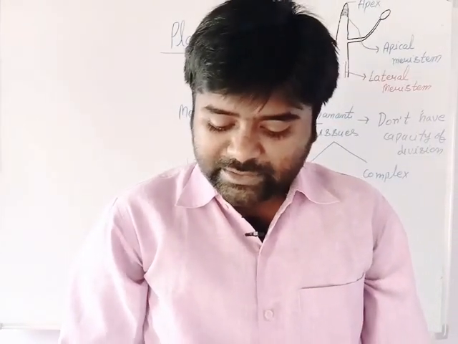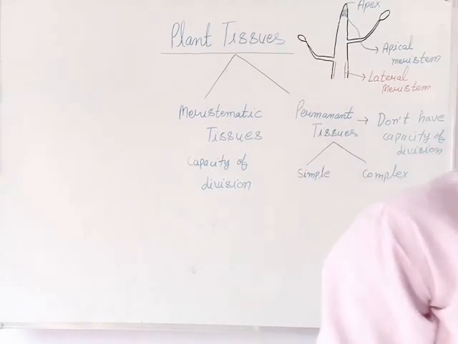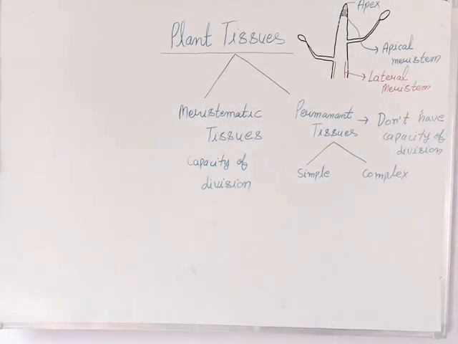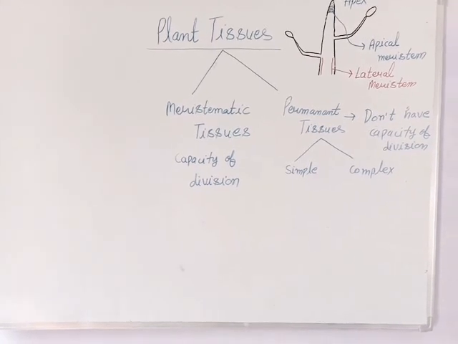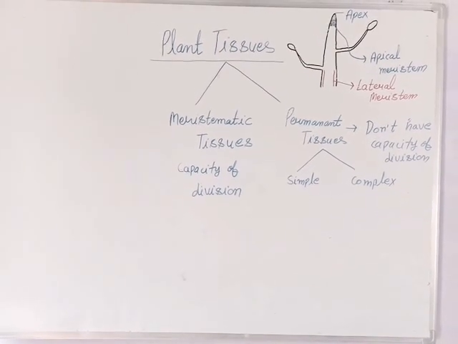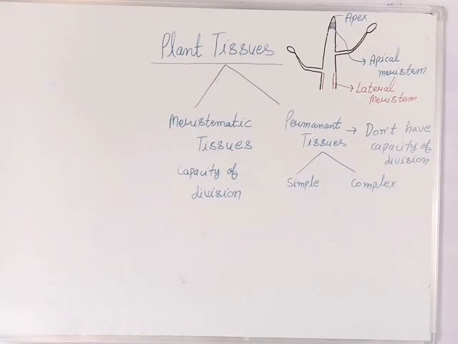Next time we'll discuss permanent tissue. All the students are requested to draw this diagram and write all the important points related to apical meristem, and you will have to send your notes to me regularly whenever I send any class.